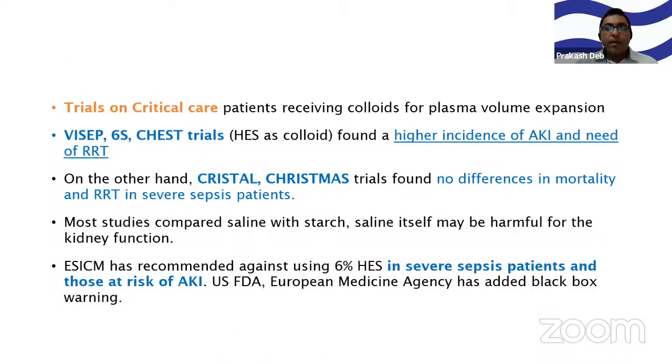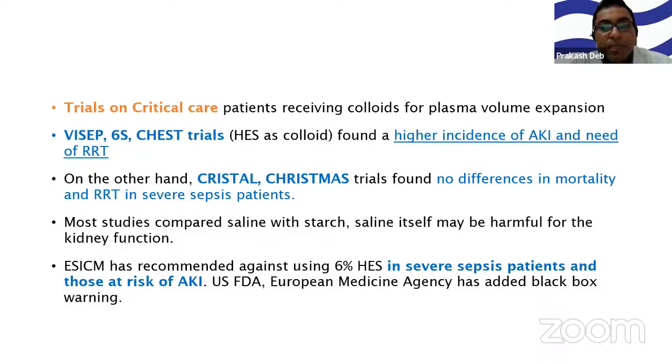Similarly, like we have seen the data in perioperative patients when we compared balanced solution and isotonic solution, there are many trials where they have compared colloid with saline solution in critical care patients. And there are two different types of trials.